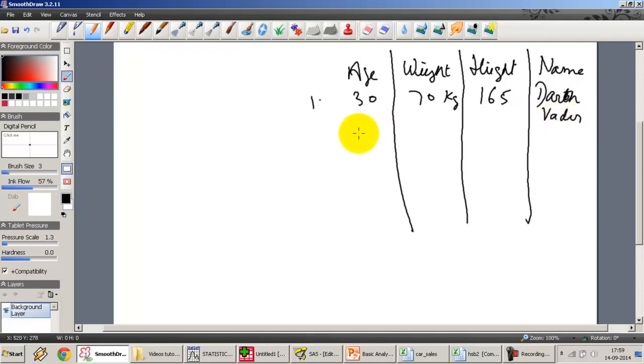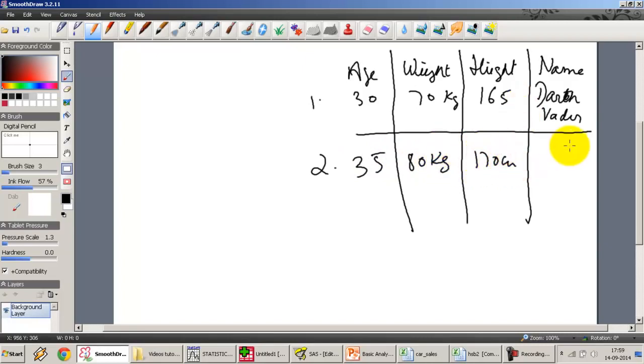A very puny looking Darth Vader indeed. Let's say second person, age is 35, weight is 80 kgs, height is 170 centimeters, name is Batman.